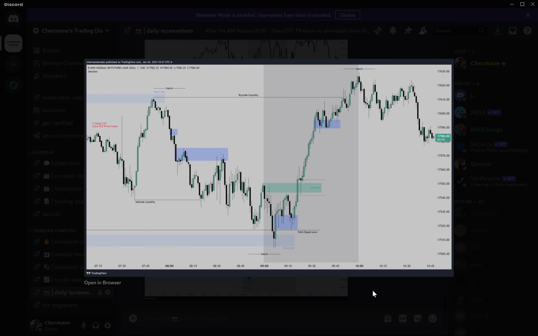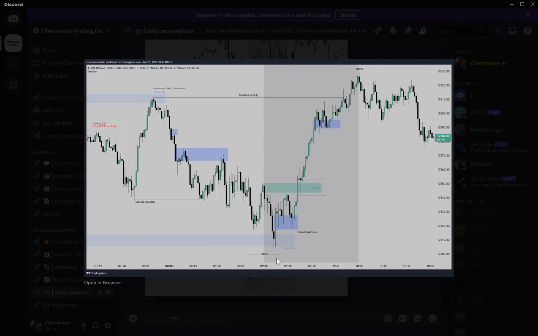Now, three main things I look for when I'm using macros in my trading. This is me personally. Number one, what happened during that macro, and does that align with my bias on the daily chart? I'll say it again. What happened during that 20-minute interval?